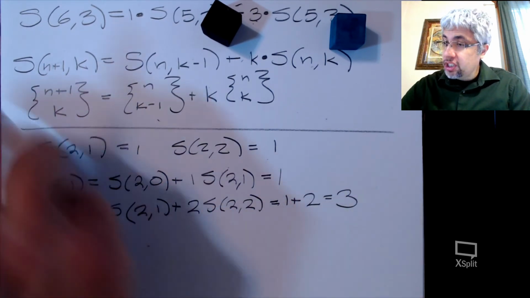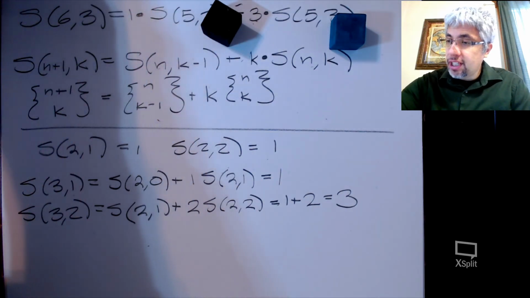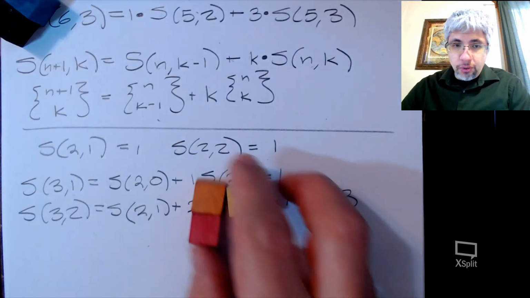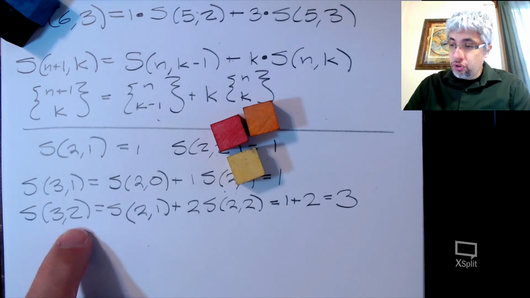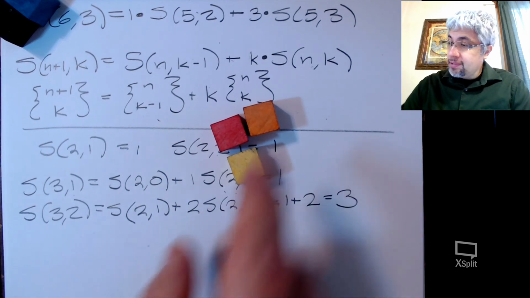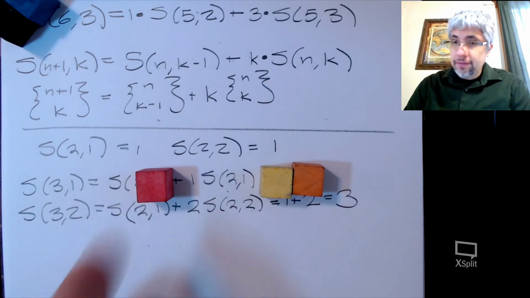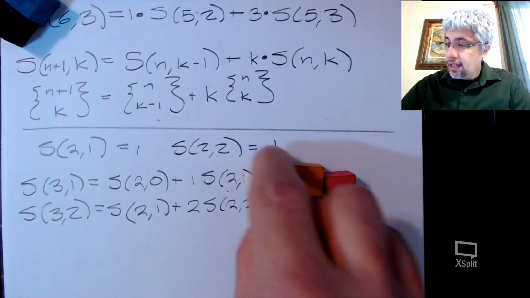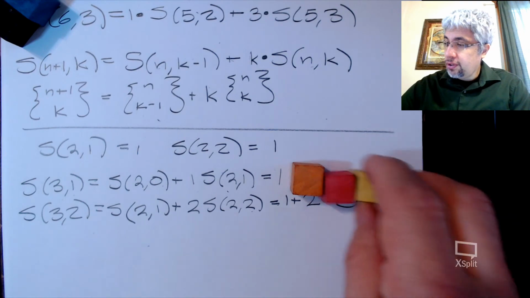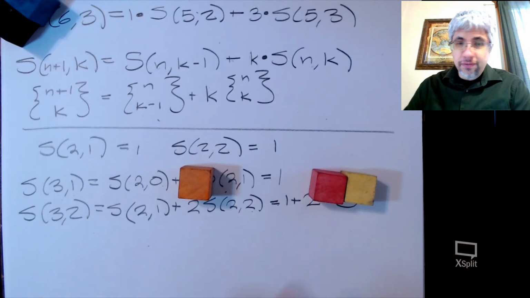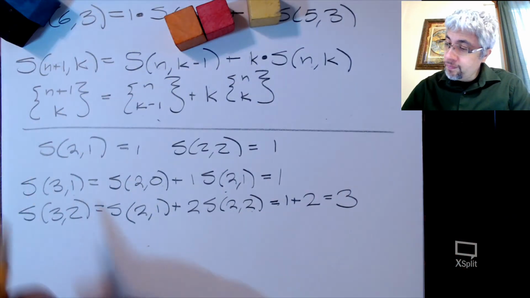And we can quickly check that. If I have 3 objects, and I want to know the number of ways I could split them up into 2 subsets, well, that is 3, because I could leave the red by itself, I could leave the yellow by itself, or I could leave the orange by itself.